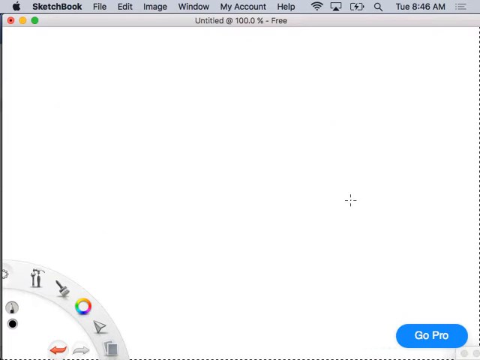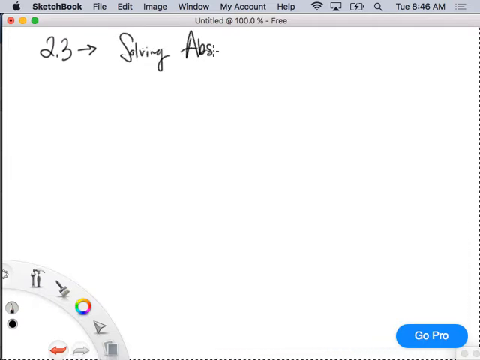That was 2.2. Let's go ahead now to 2.3, which is solving absolute value inequalities. Once again, we're doing the same exact process.